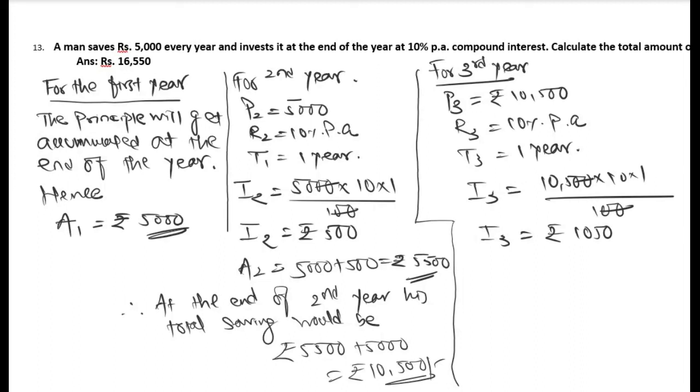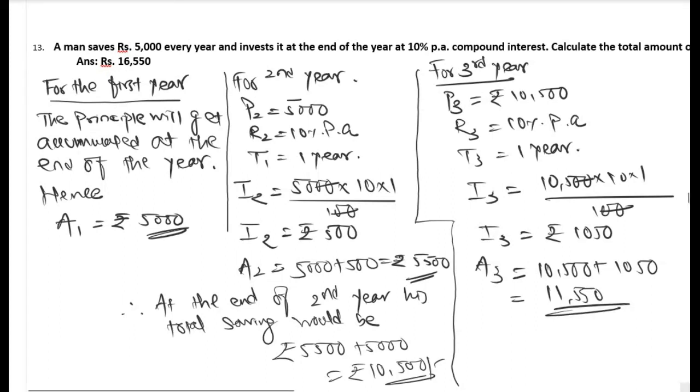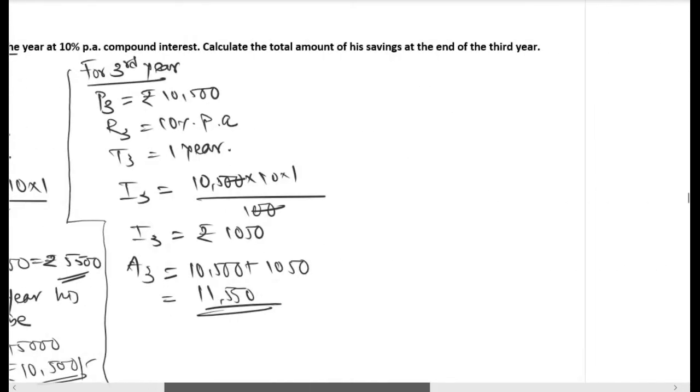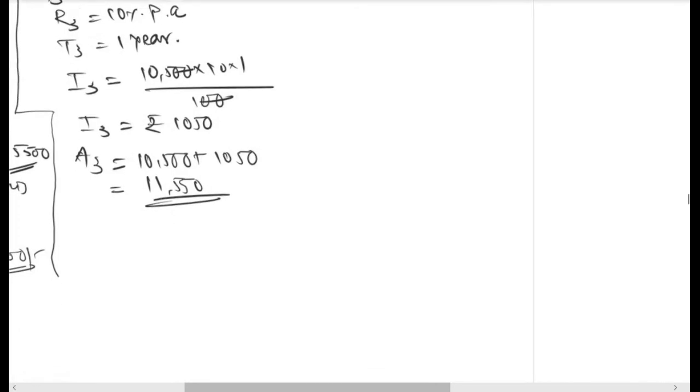Right? So what will be A3, amount at the end of third year? 10,500 plus 1050, that is 11,550 rupees. But remember, one more year has ended, right? He invests rupees 5,000 every year at the end of the year. So at the end of third year, he has to invest more 5,000. More 5,000 are accumulated now.